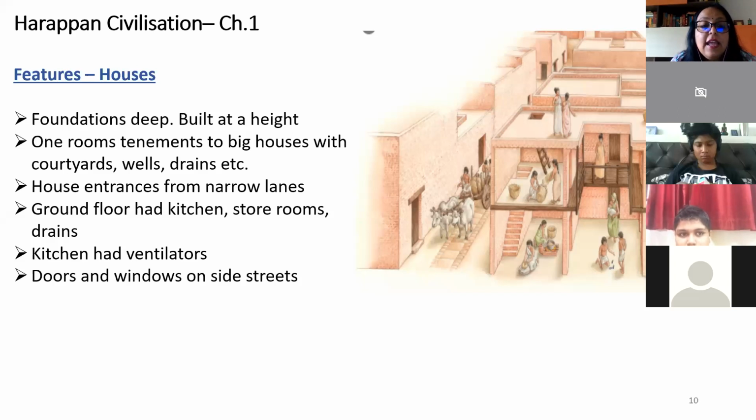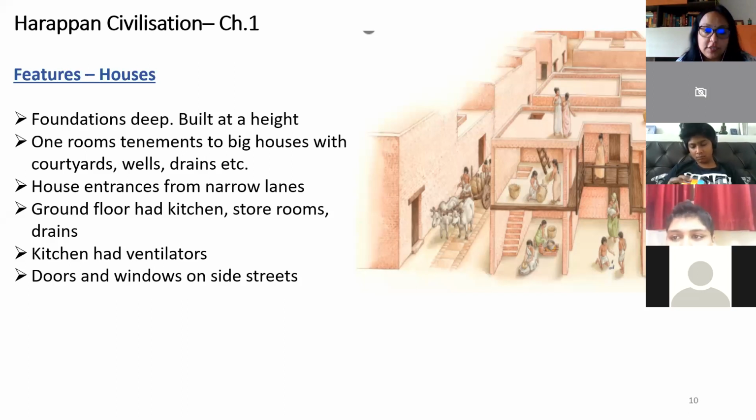quite less. In those days, even when I was small, when I was your age, some 30 years back or 25 years ago, at that time also, the houses where we used to live, the roofs were very tall. It was about 13, 14 feet.